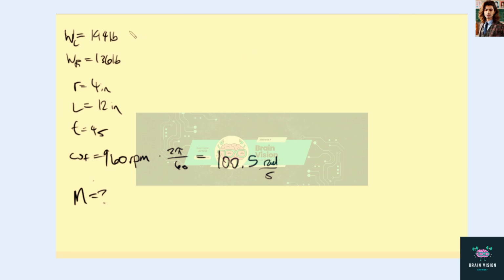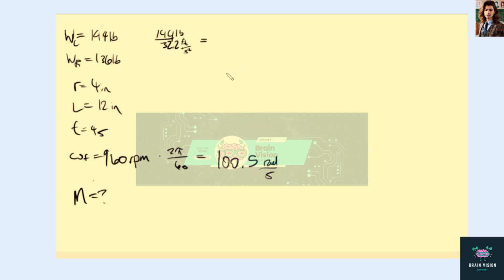So we want to convert the weights into mass. We have to divide by 32.2 feet per second squared, and this is pounds.